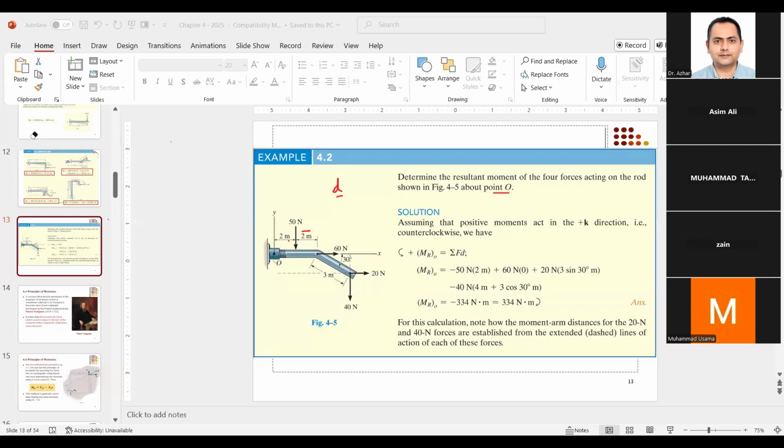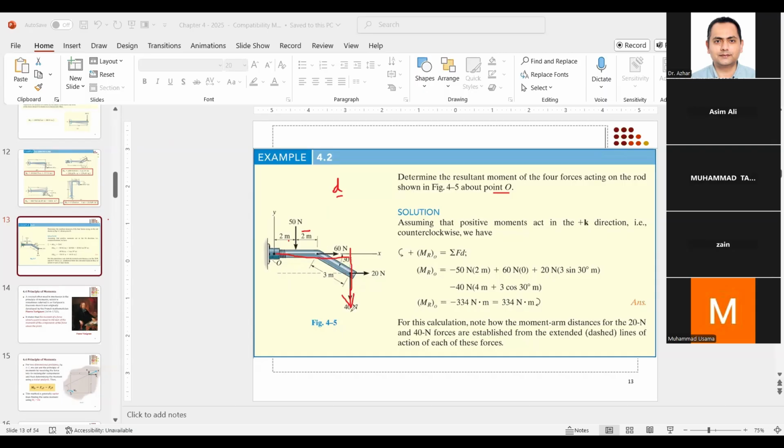Okay. So now look at the sense, clockwise or counterclockwise. Again, you see, this is the line of action. This is the moment arm, and this downward is the direction.